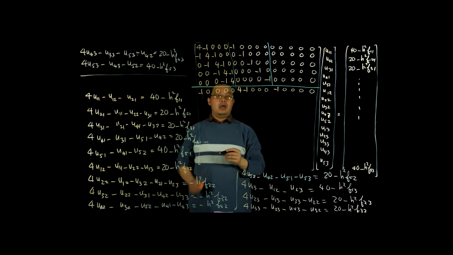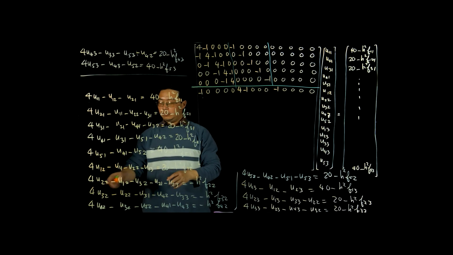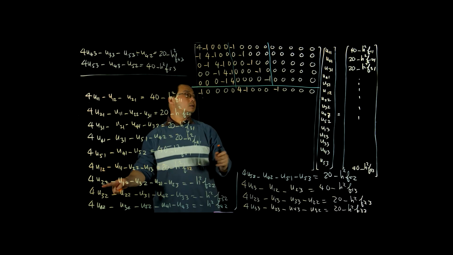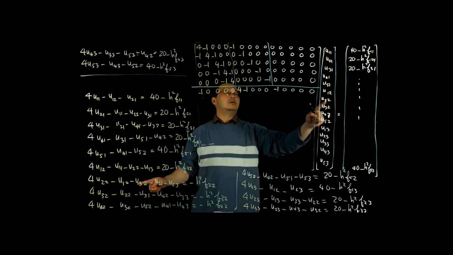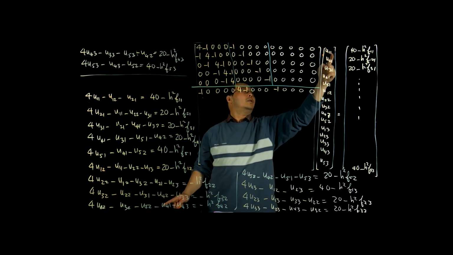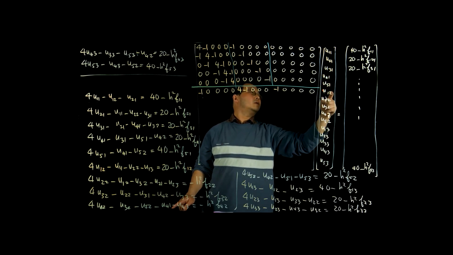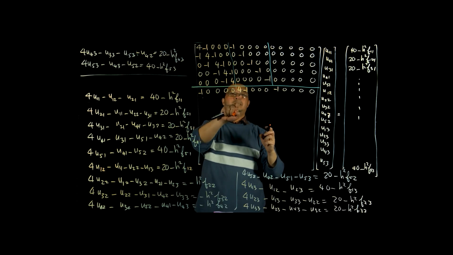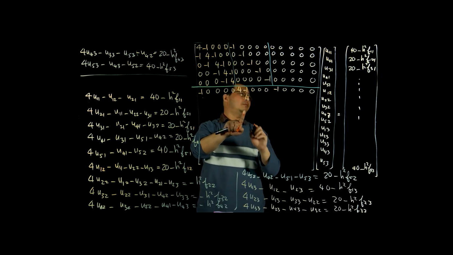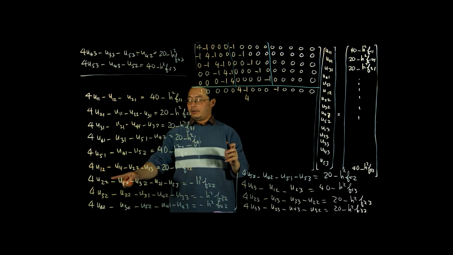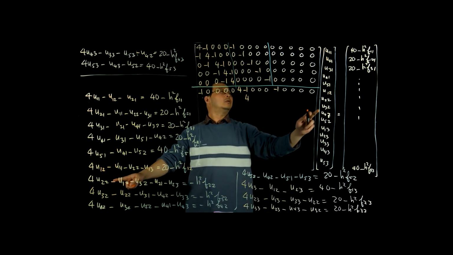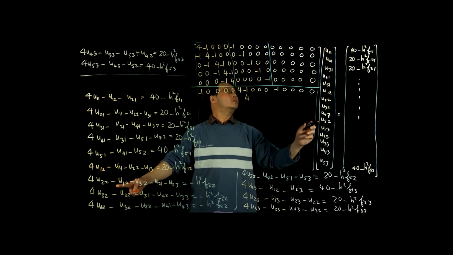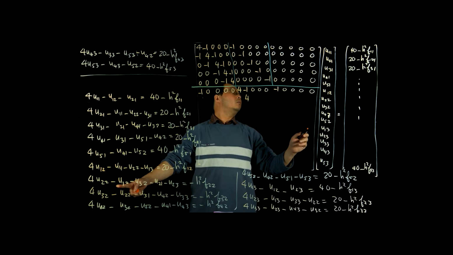Okay, and now the next one will be U22. So U22 is right here. So 1, 2, 3, 4, 5, 6, 7. So 4 is here, yeah. And then minus U12.